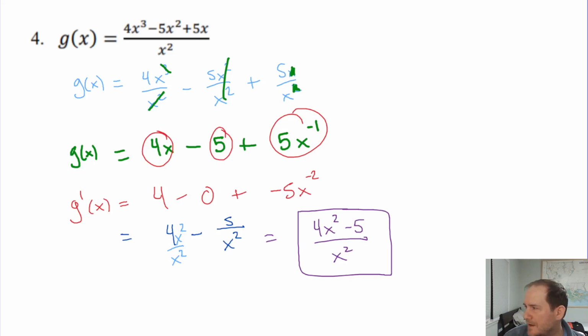Now if we had done the quotient rule here, it would have been a lot more steps. We would have had to differentiate that and that and that, multiply by that. Would have had a denominator that was x squared squared. And so we're kind of dodging a lot of bullets here, where if we had done that, we would have had a whole mess of terms in the numerator. And I think a bunch would just kind of cancel out, but still it would be more than we cared to.